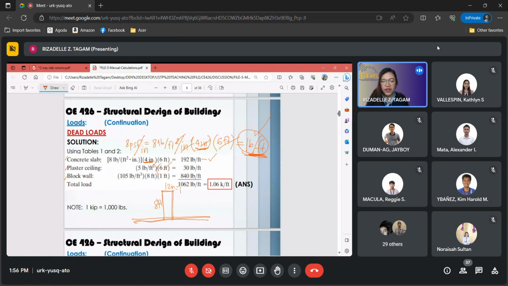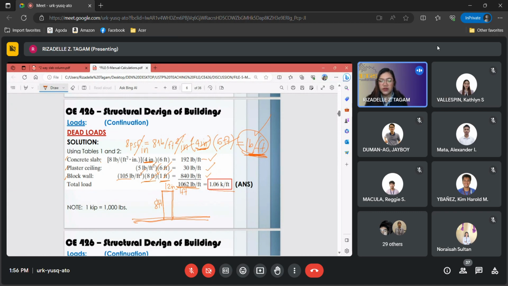So that is 1 foot. So we multiply the density by the area of the wall. 8 times 1, so two feet cancel. The remaining unit is pounds per feet. So 105 times 8 times 1 is 840. Then you add all the dead loads on your beam. The total is 1,062 pounds per feet.